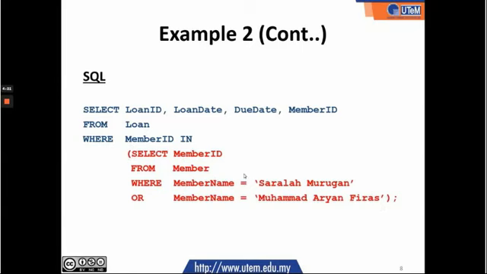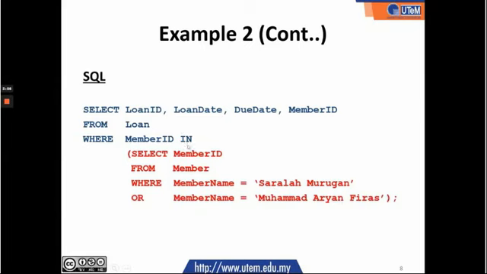This inner query, for our second example of nested query techniques, will produce two values, which are 3000 for Sarala Murugan and 1015 for Muhammad Aryan Firas. These values are accepted by this IN operator.